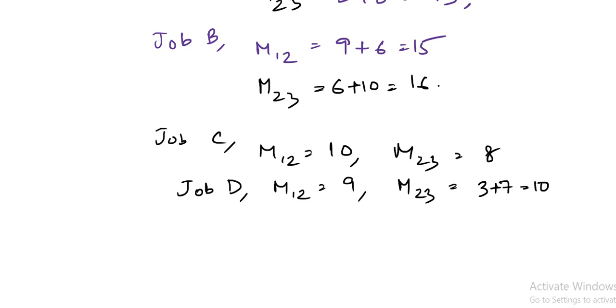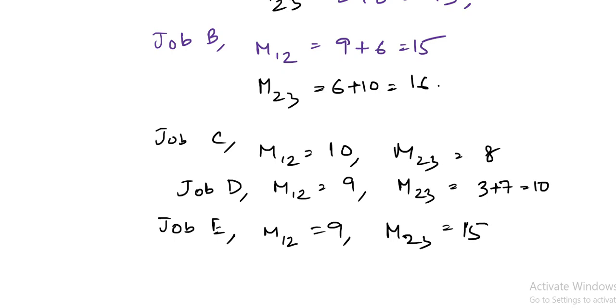And for job E, the value of M12 is 9, and M23 is 15.